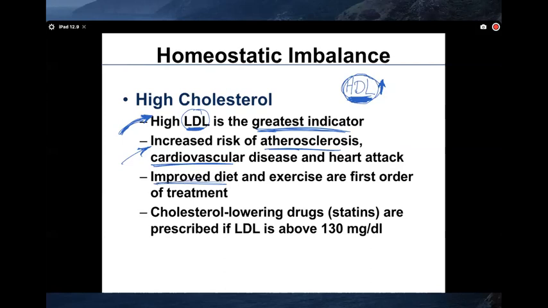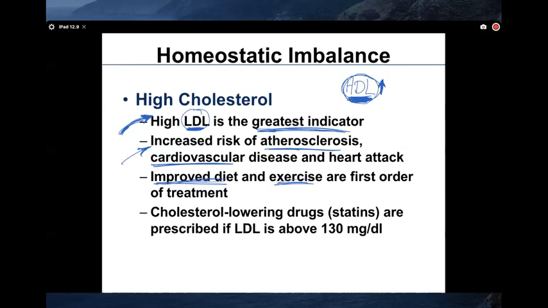So improve your diet and exercise to get rid of the extra pounds. This is going to be the first line of defense that we're going to use to defend the body against atherosclerosis.